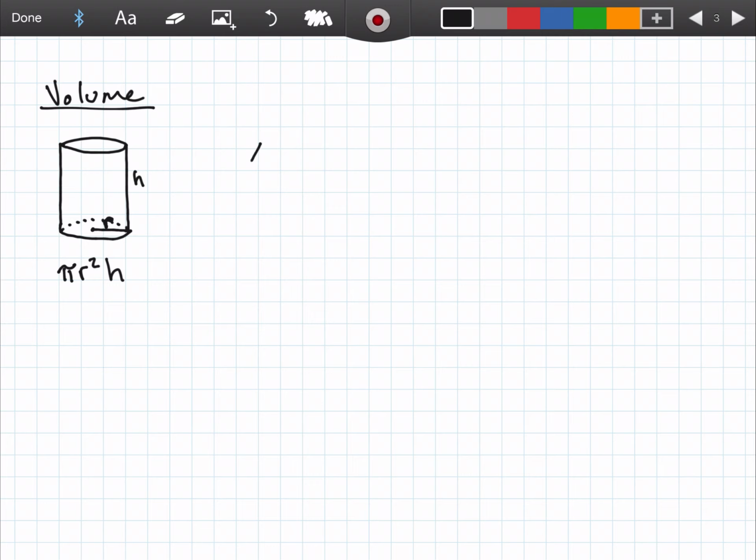If I had a cone with that, all we're doing there is we're going to divide it by 3 or multiply it by 1/3.